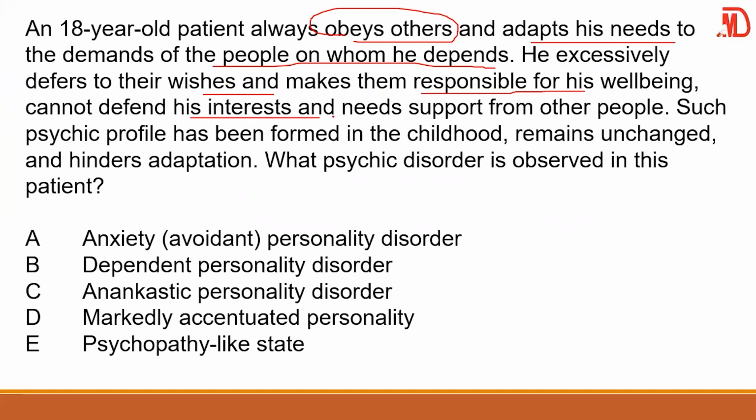Cannot defend his interests and needs support from other people. Such psychic profile has been formed in the childhood, remains unchanged, and hinders adaptation. Guys, this is just what a dependent personality disorder is. Just right in your question. Dependent personality disorder.